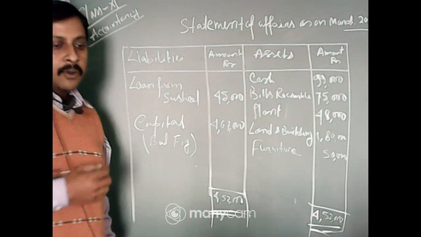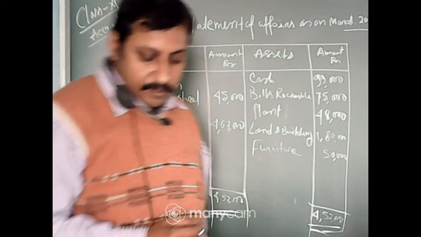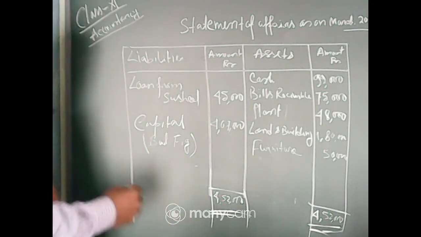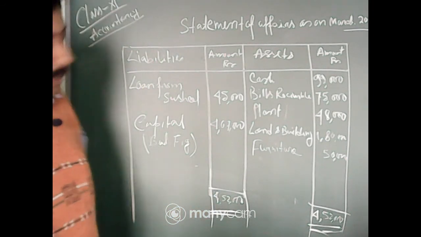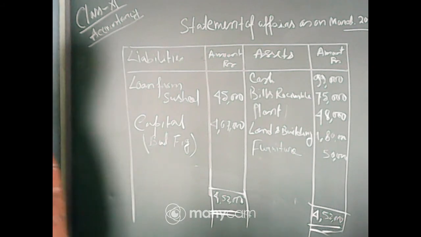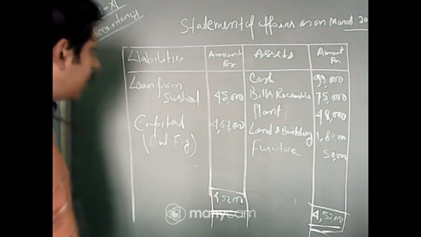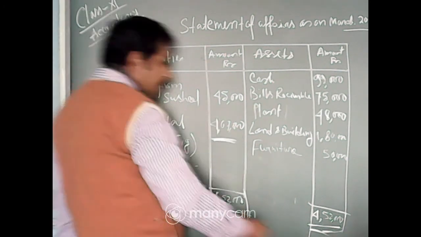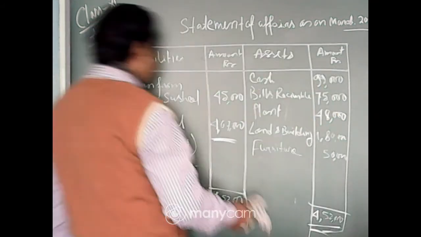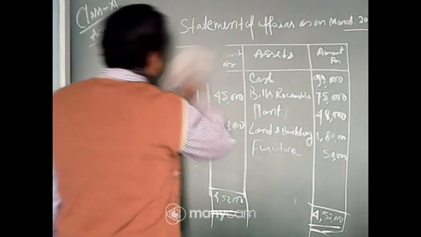Without that you cannot reveal the actual profit of the business. So for that we reveal the closing capital. Opening capital is already given, but in some questions both capitals are not given, and we have to reveal them. So now you got the closing capital, that is 4,07,000. So all the figures are available now. Now you can ascertain the profit and loss.